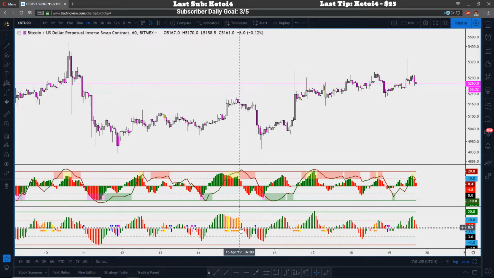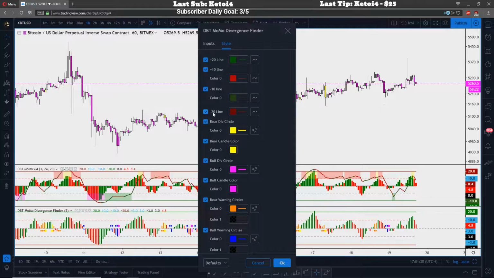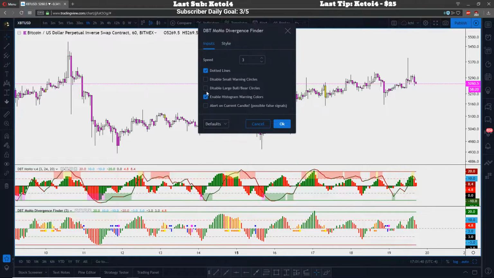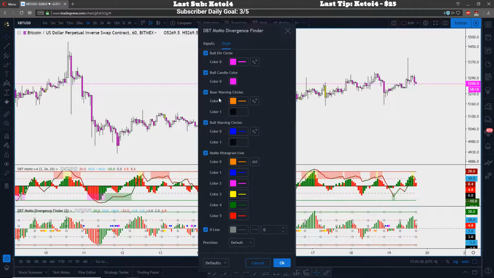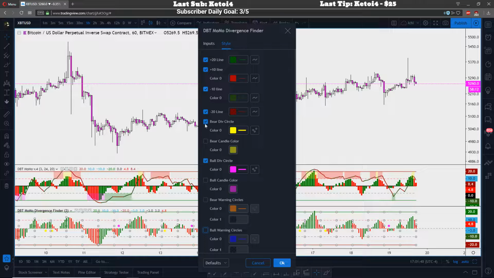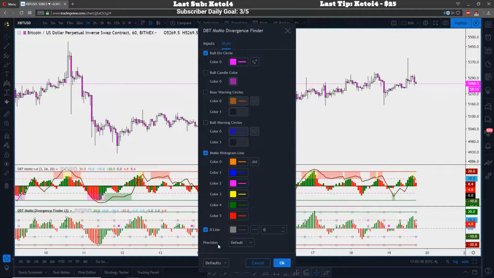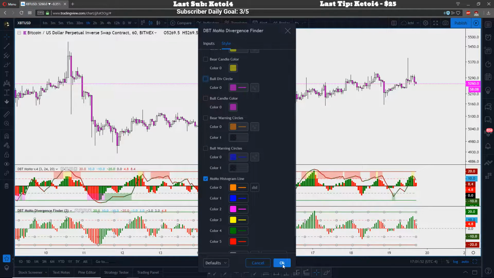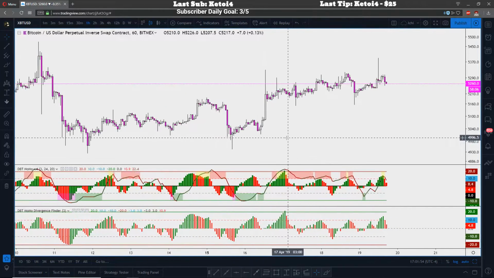So I'm developing a new algorithm to find the divergence with the divergence finder. But what you can do, if you do have access to the divergence finder, is you can just turn off the signals for now. And then this one. And then you can just draw the divergence yourself.